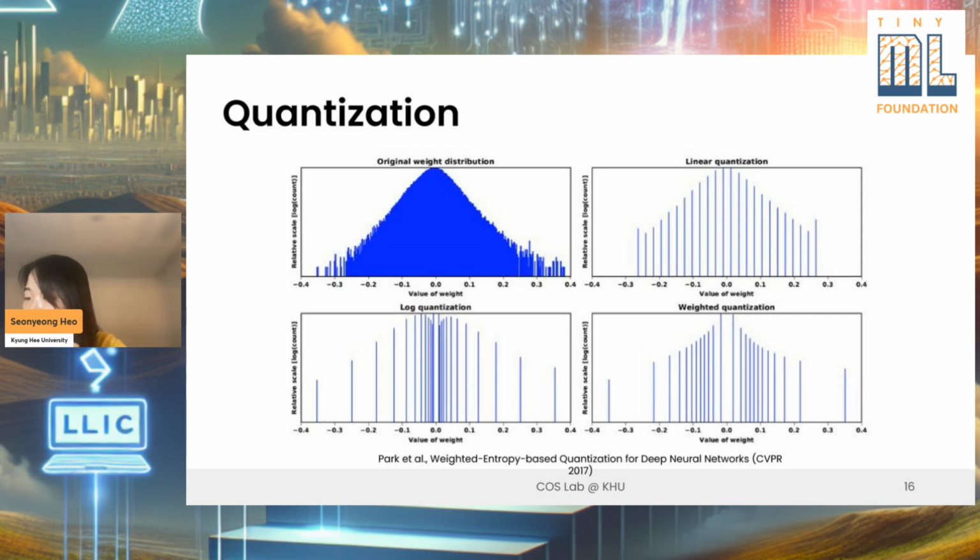And the last one is weighted quantization, which is a relatively newer quantization method than the others. The method clusters the values to reflect the distribution of values and then uses the clustering information for quantization.